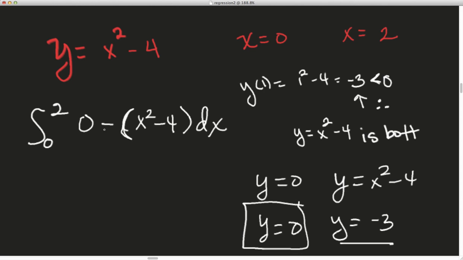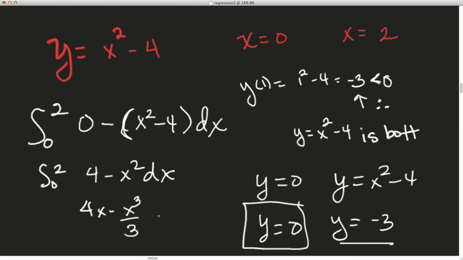So then you get from 0 to 2, distribute that negative sign through, and then when you integrate, what do you get? When you integrate that, what do you get? Antiderivative.